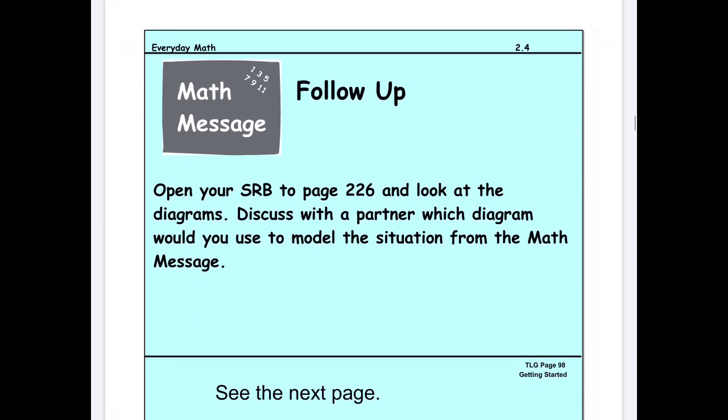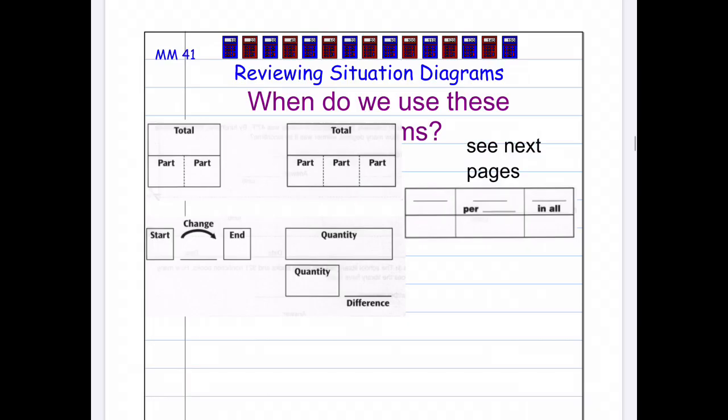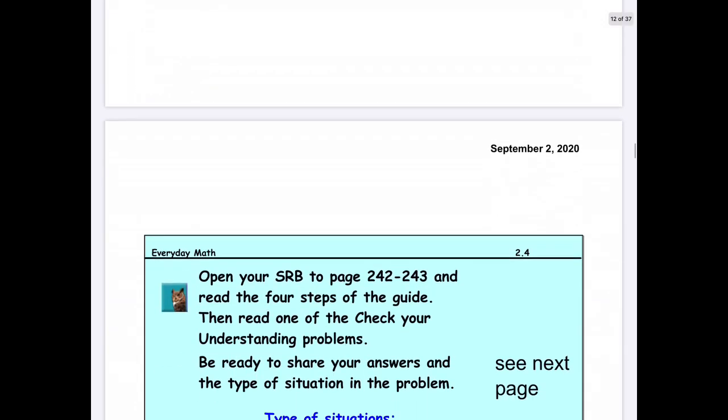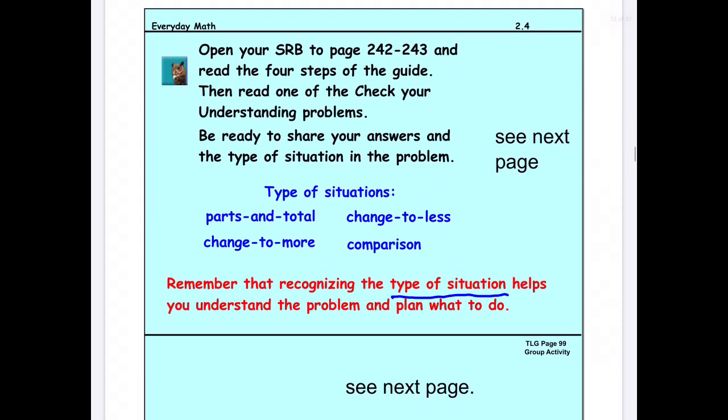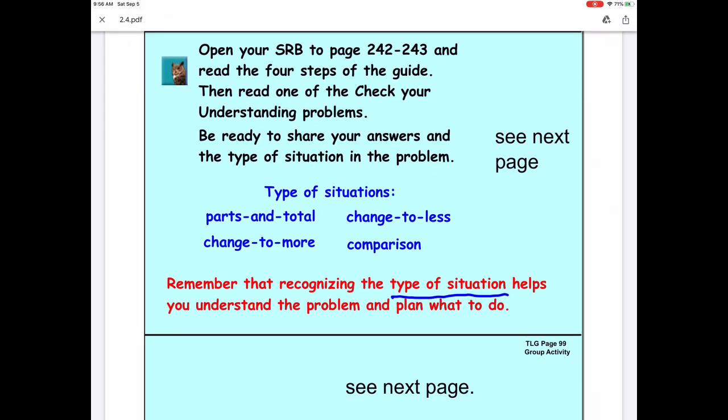On page 226, there's some diagrams that can help us, used in the past. There's total with part, and there's some other examples here. On pages 242 and 243 of your student reference book, it talks about some of these.